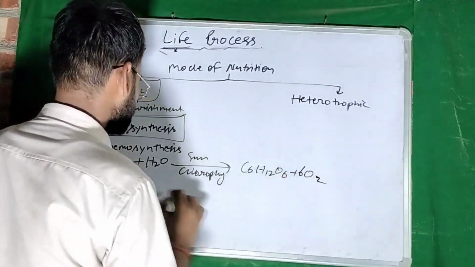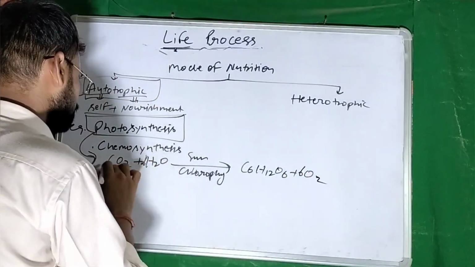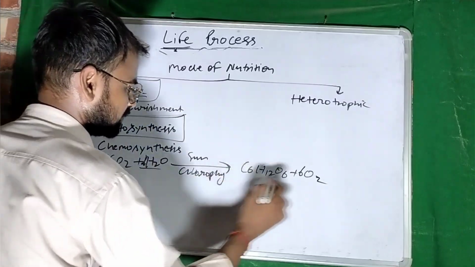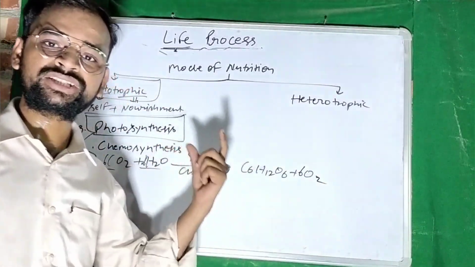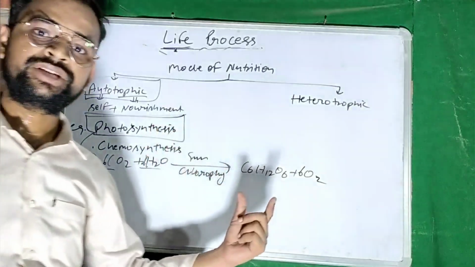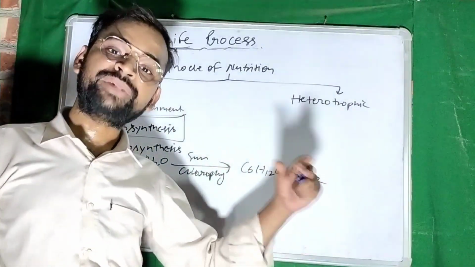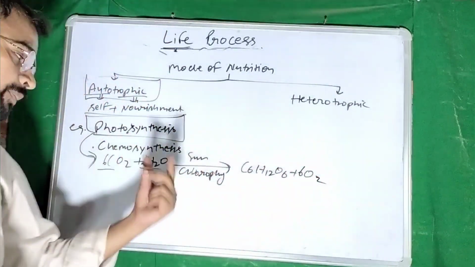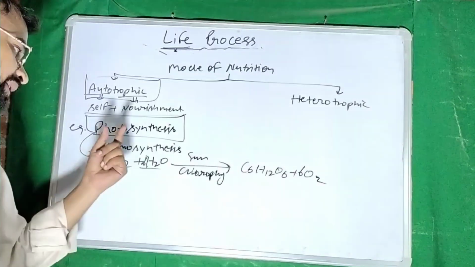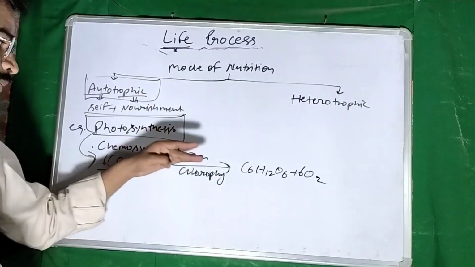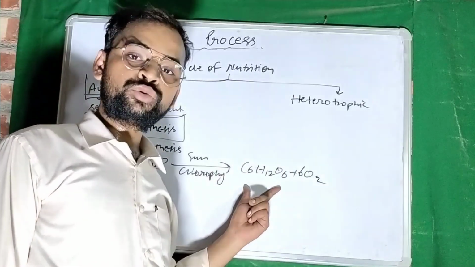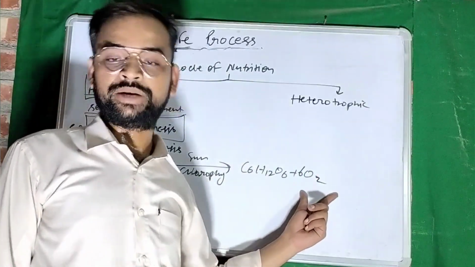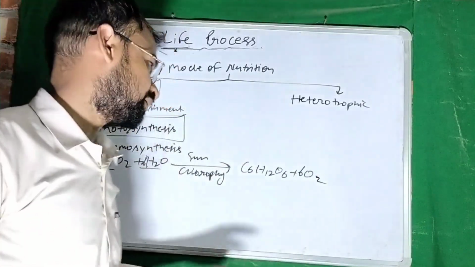Now you can balance this equation by adding 6. So photosynthesis is the process by which plants make their own food with the help of carbon dioxide and water, in the presence of sunlight and chlorophyll. They make their food, glucose, and release oxygen into the environment.